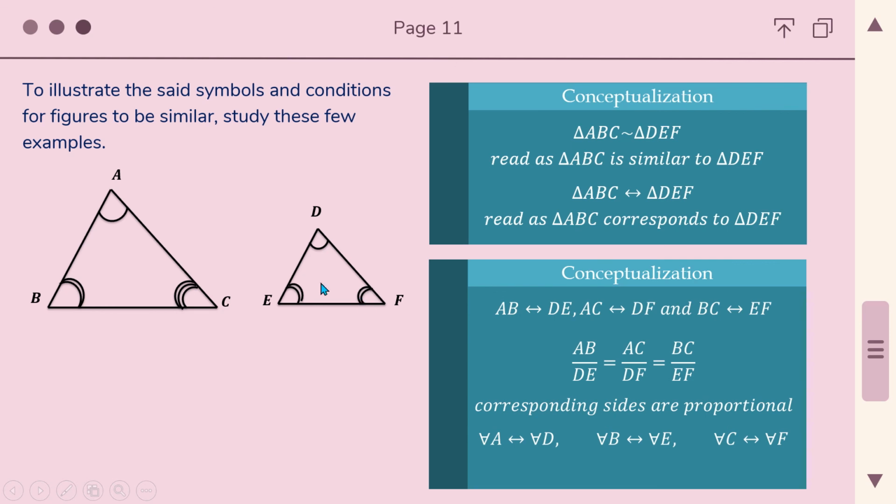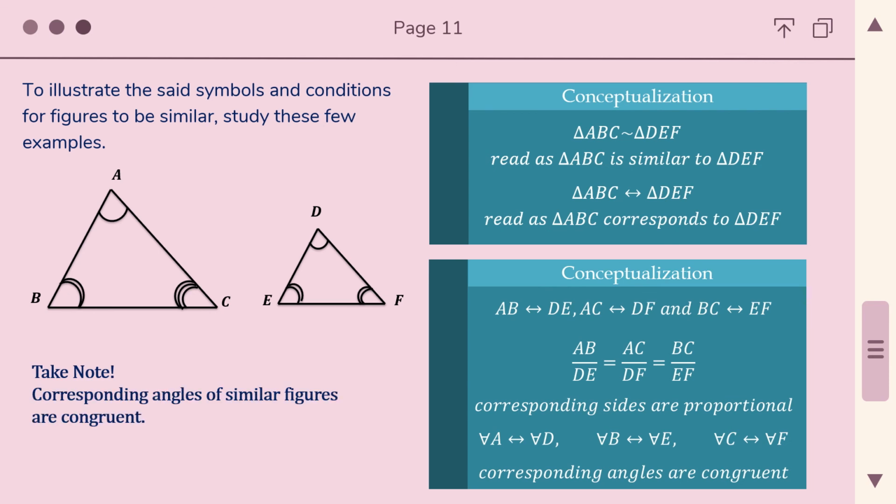So, the three pairs of angles of the bigger and the small triangle are congruent with each other. So the corresponding angles are congruent. So angle A is congruent with angle D, angle B is congruent with angle E, while angle C is congruent with angle F. When we say congruent, they are equal.